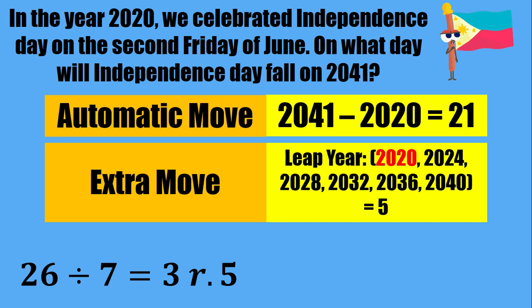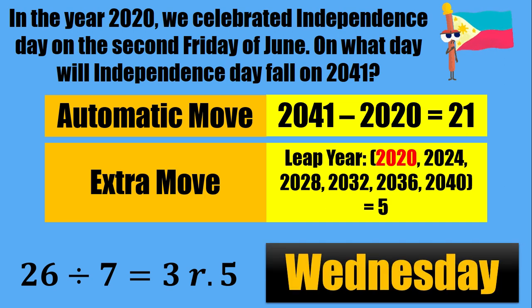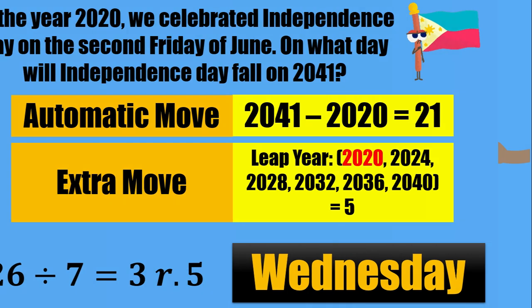And the answer here is Wednesday. So on June 12, 2041, the Independence Day will be celebrated on a Wednesday. Again, you can verify it, you can check it in your calendar.